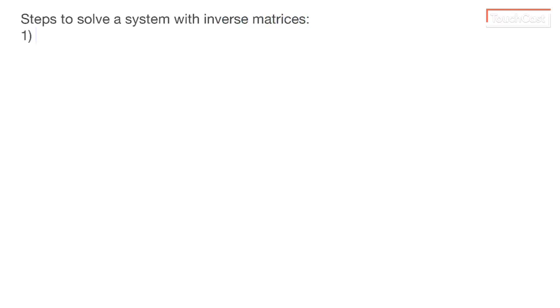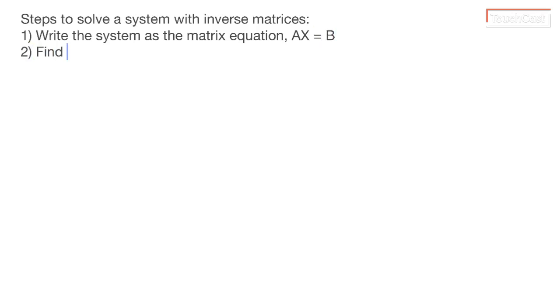We're going to first write the system as the matrix equation AX equals B. Then we're going to find the inverse of matrix A, which we can also call the inverse of the coefficient matrix.